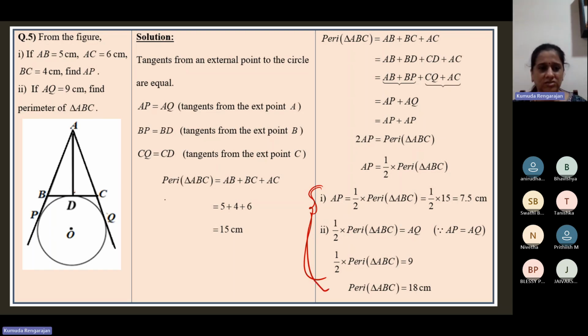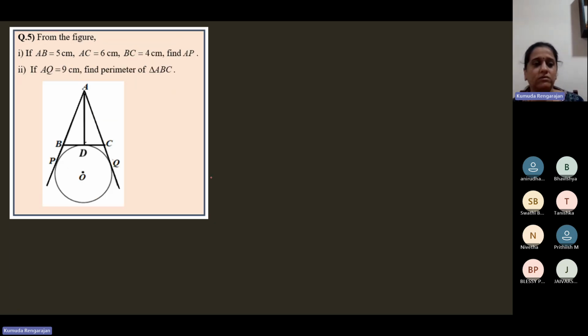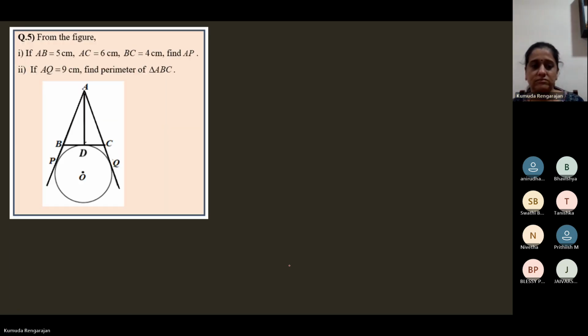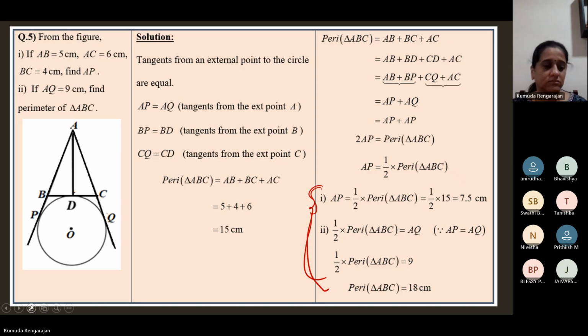So this is the proof of what we saw here, exactly the same proof. All right.